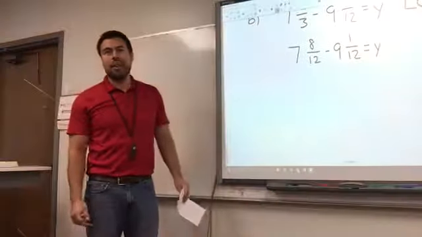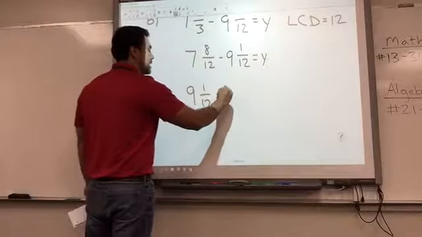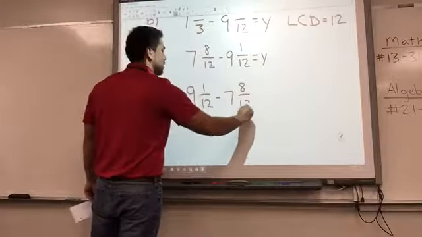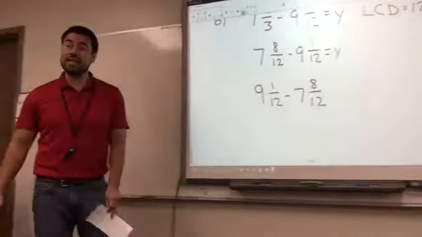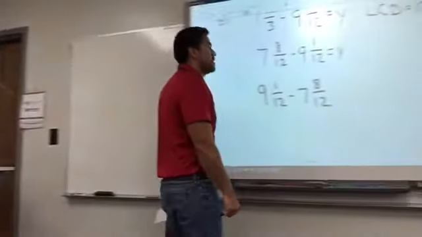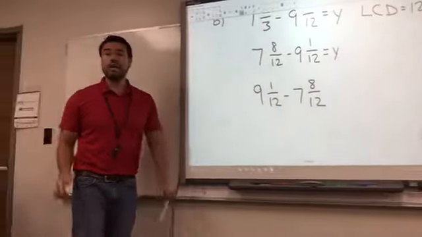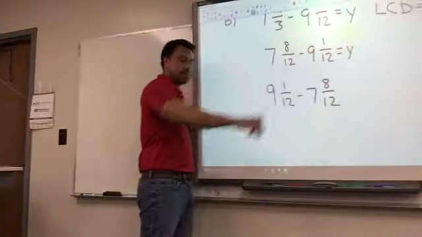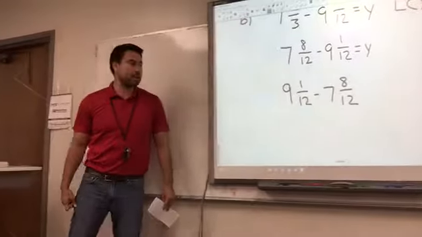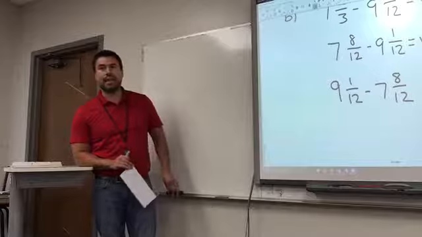No. I'm going to do 9 1/12 minus 7 8/12, because I know my answer is going to be negative, isn't it? You can't do the regular way because you're going to get a different answer.